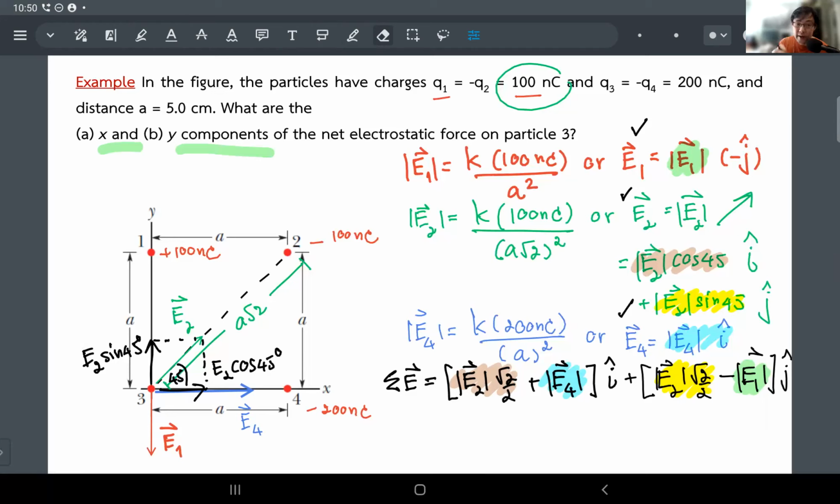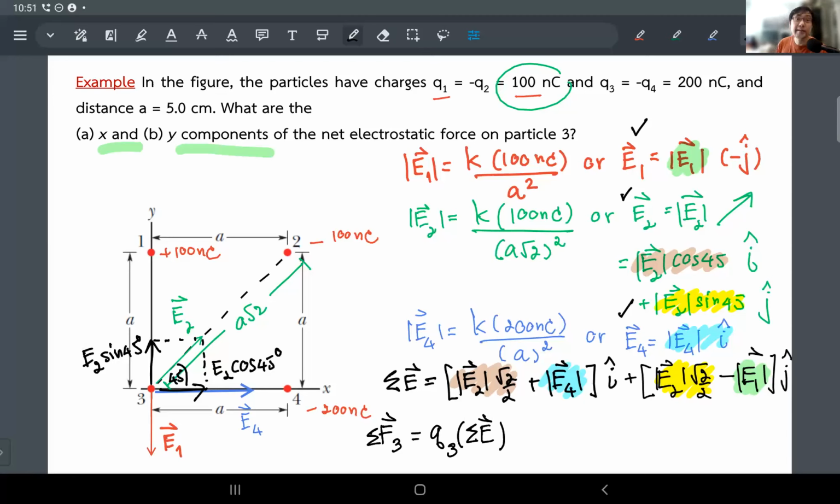But because you already know that at that point the net field is given up there, I can just say the total net force on the charge number 3 must be equal to just Q3 multiplied by the net E that you just got up there. And that's it, you're done.